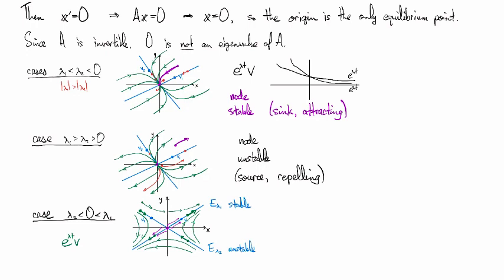Because if you start even the slightest bit off of the E lambda 2 eigenspace, you start real close to it, but then you're going to get sucked out and away eventually, and then you're gone forever. So this type of situation is, as you might guess, called a saddle point, and it's considered an unstable equilibrium.